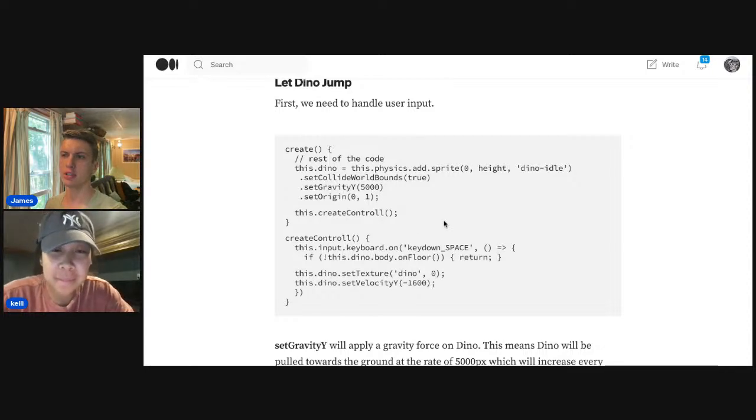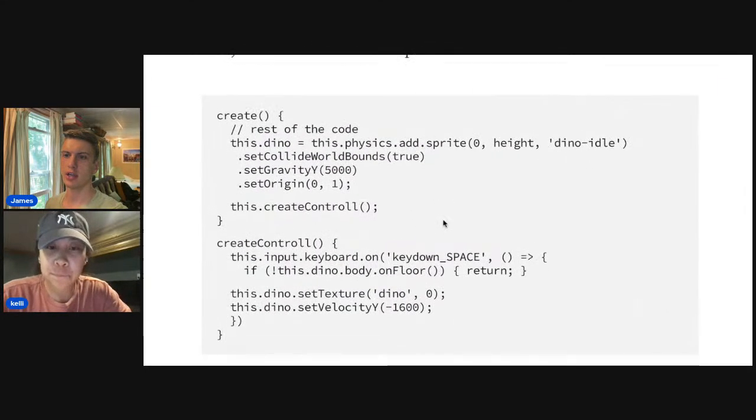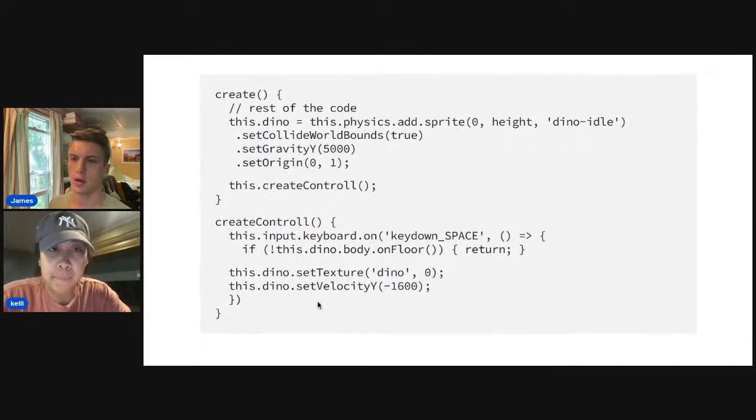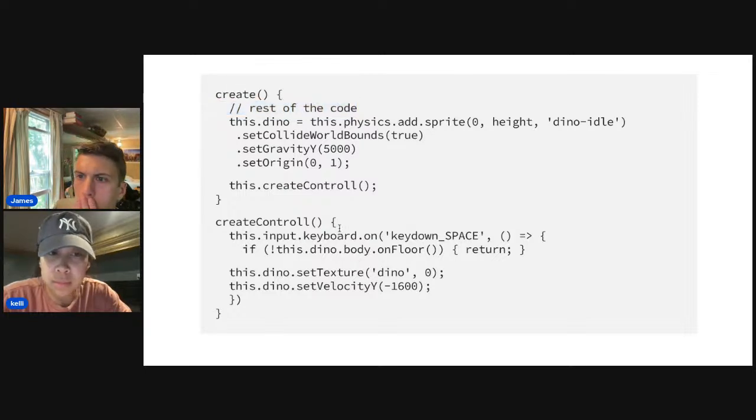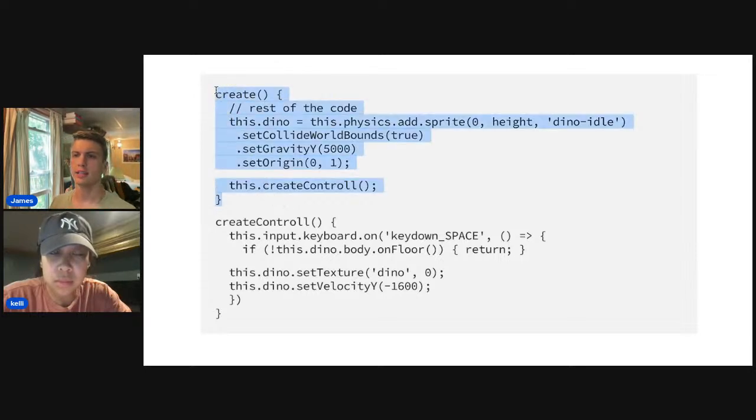There's no syntax highlighting here, so it's a bit harder to read, but here it says rest of the code. We have to do this in 2 steps. The first step is we have to add some code to the create function.